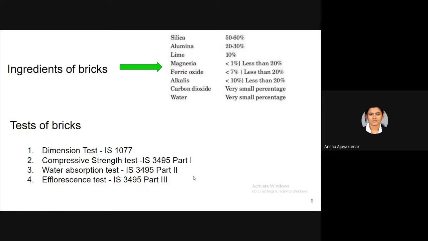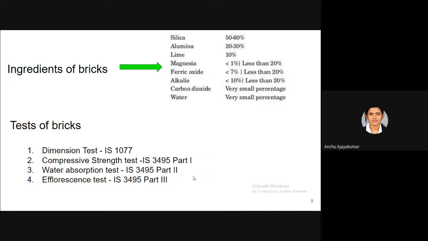Alumina 20 to 30%. Lime 10%. Magnesia less than 1%. Then ferric oxide 7%. This ferric oxide actually gives the red color to the brick. And there are alkalis, carbon dioxide and water. This composition you have to learn by heart in any way.